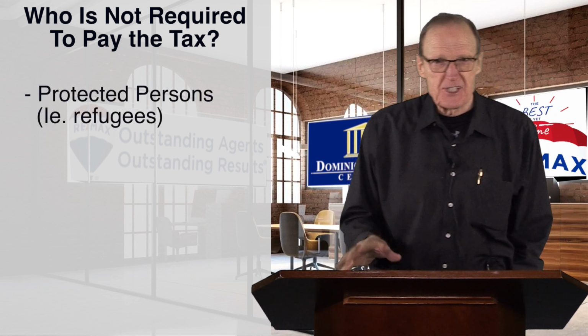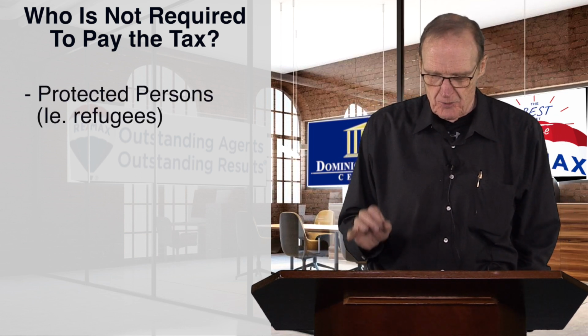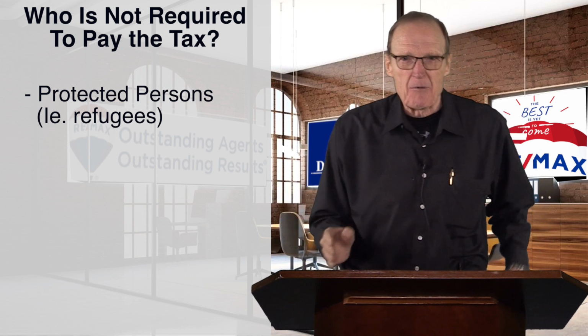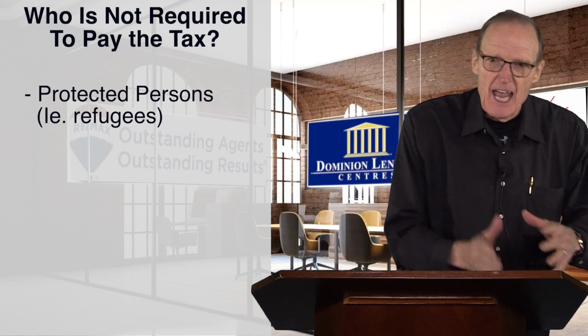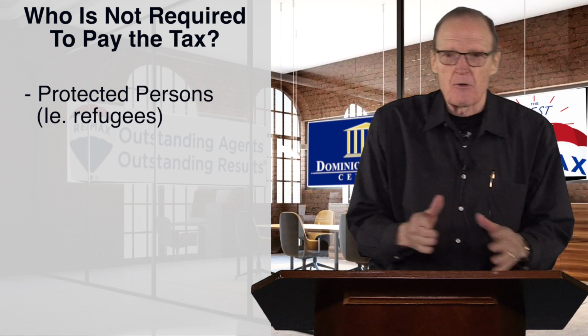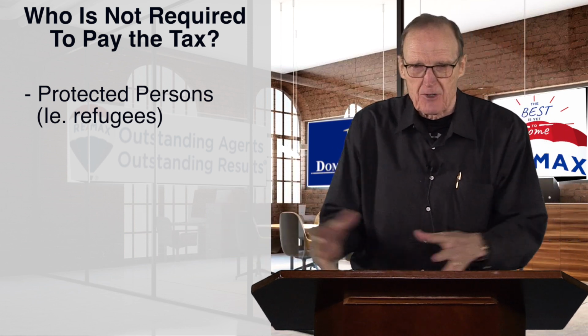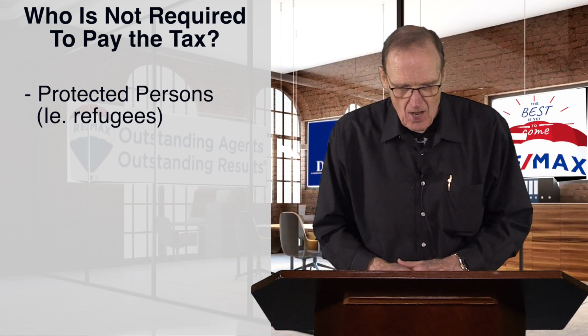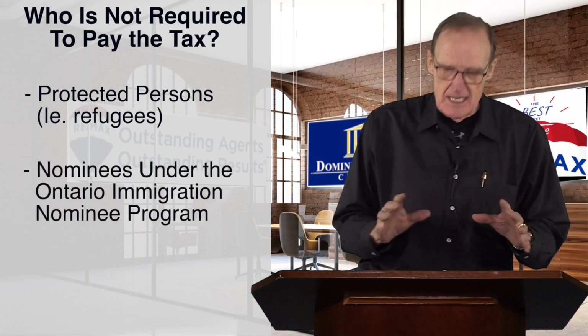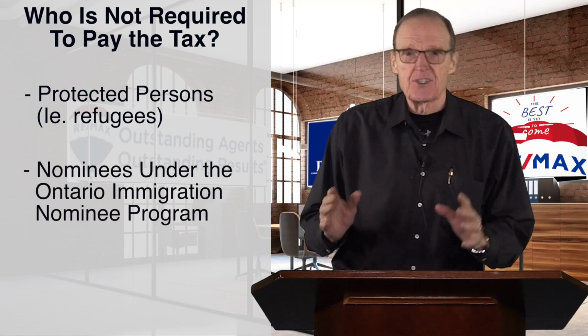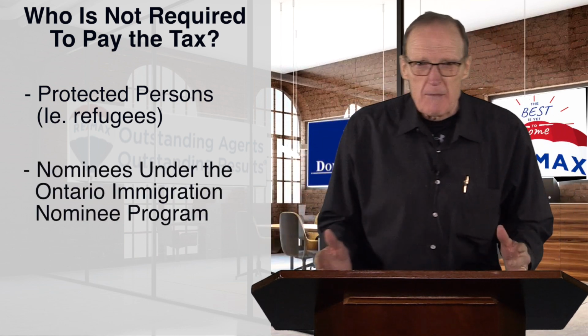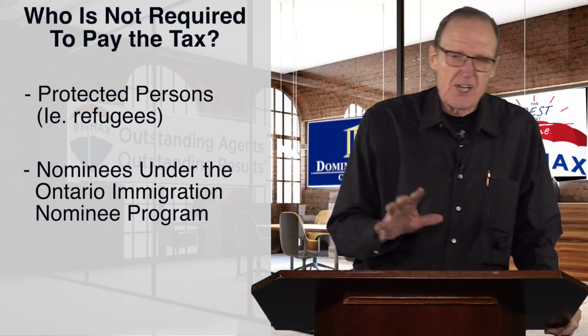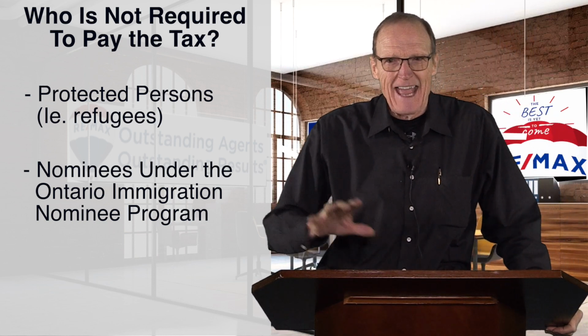What do I mean by a protected person? That comes under the Refugee Protection Act, and we're talking about people who come into Canada as refugees. They are not required to pay the tax if they're acquiring a residential property. Also exempt are nominees under the Ontario Immigration Nominee Program. What do I mean by that? Consider a time when Ontario is, let's call it, headhunting.